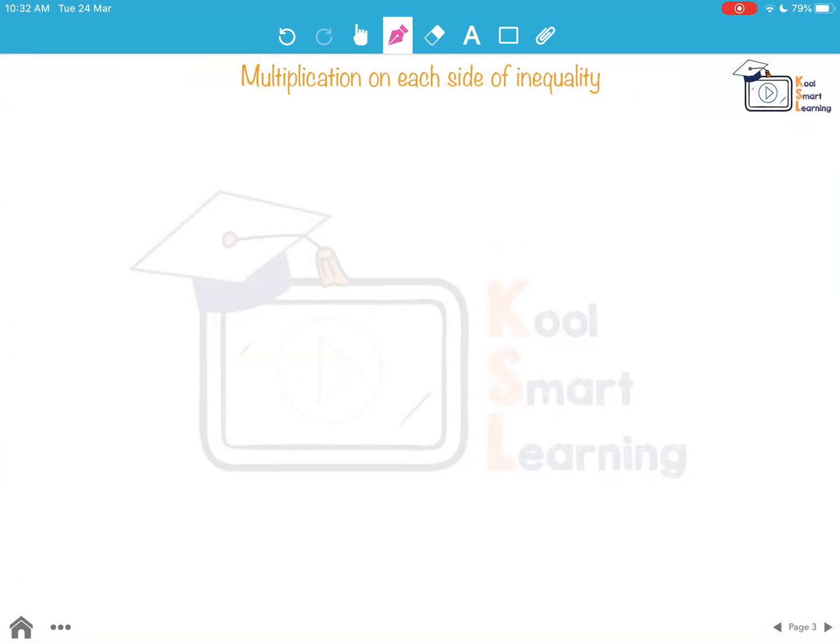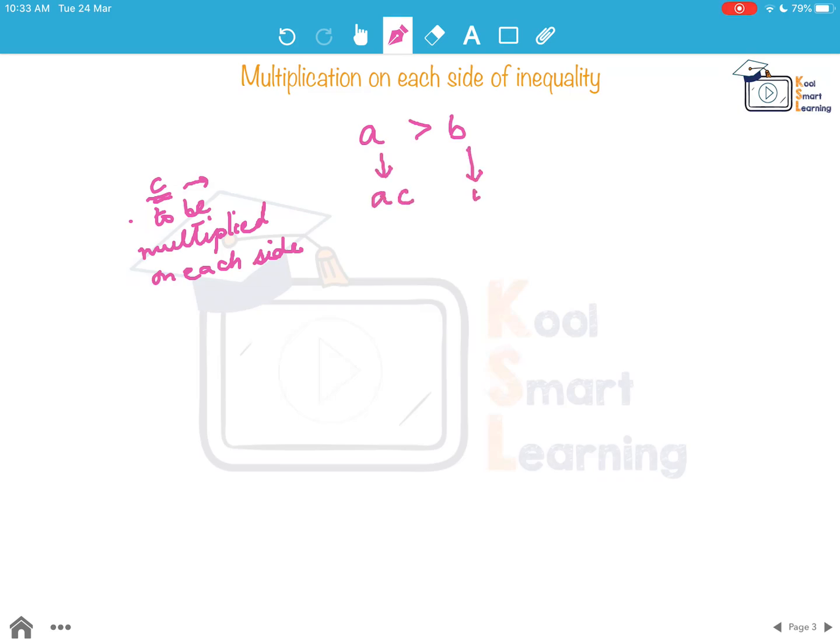Now let's come to multiplication on each side of inequality. Now we continue with the inequality A is greater than B. Now let's take C as a number which is to be multiplied on each side of the inequality. So on the left hand side we get AC, on the right hand side we get BC.